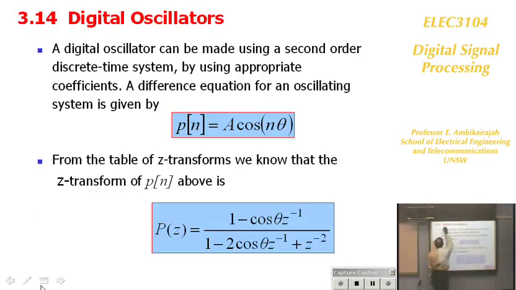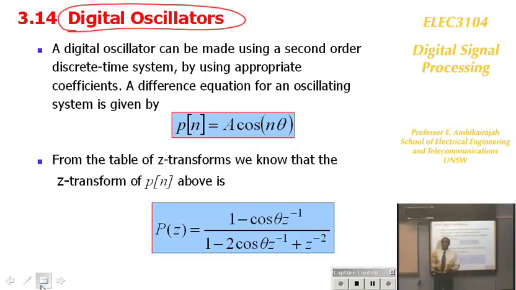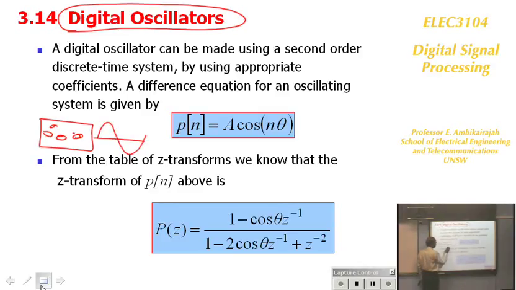Digital oscillator. What is the oscillator? Well, in the lab, when you go and you've got a signal generator, an analog signal generator, you've got a couple of knobs there, you just fiddle around, you get a sine waveform coming out. Or it could be a cosine waveform coming out, or a sine waveform with a different amplitude, or a sine waveform with a different frequency coming out.